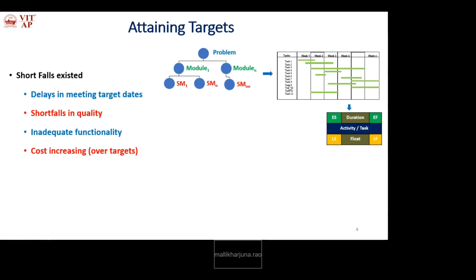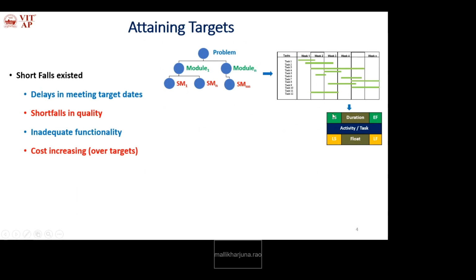The impact of the delay shows on the remaining dependent activities. So these critical activities exist in project development, and when they exist, it's not easy to finish the task by the given deadline. So we are testing whether we are working according to the schedule and finishing the task by the given target dates or not.